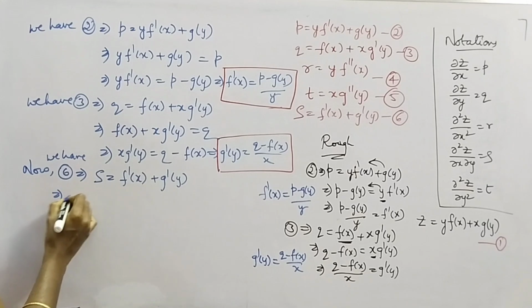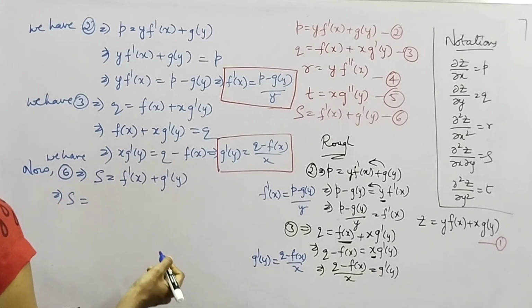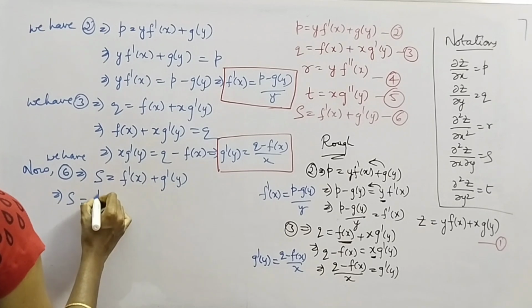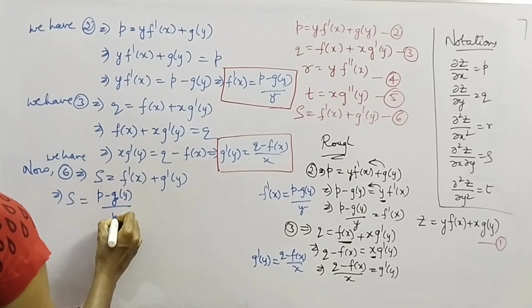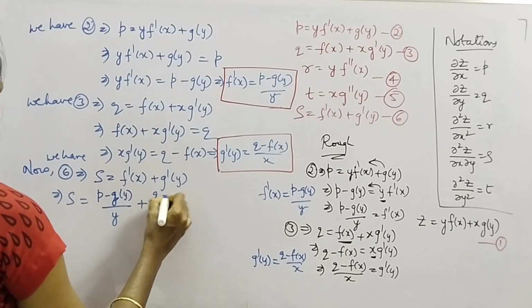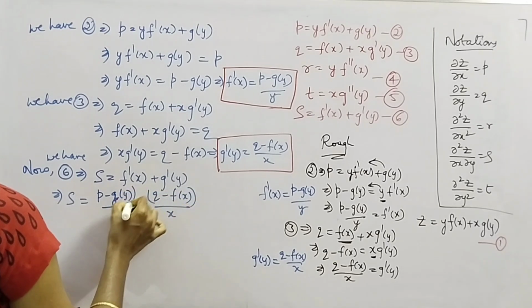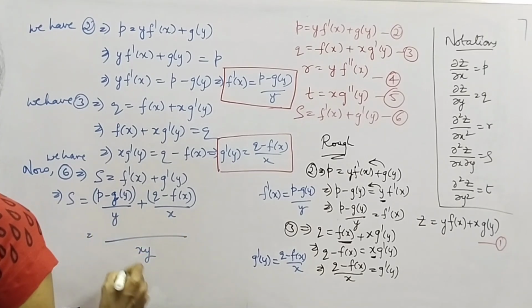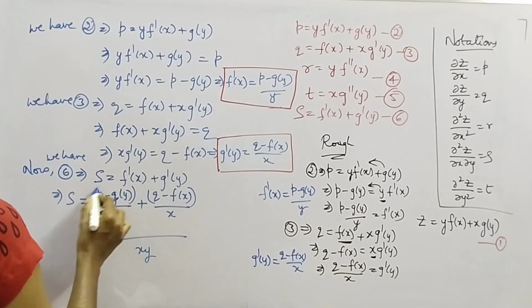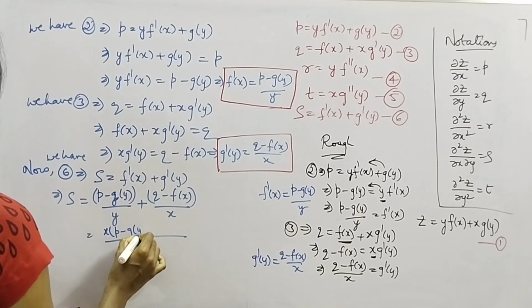Which gives us s equal to, substituting the values of f dash of x and g dash of y, p minus g of y by y plus q minus f of x by x. Now find the LCM of these two. We have xy as LCM, and in the numerator of the first term we'll have x into p minus g of y.